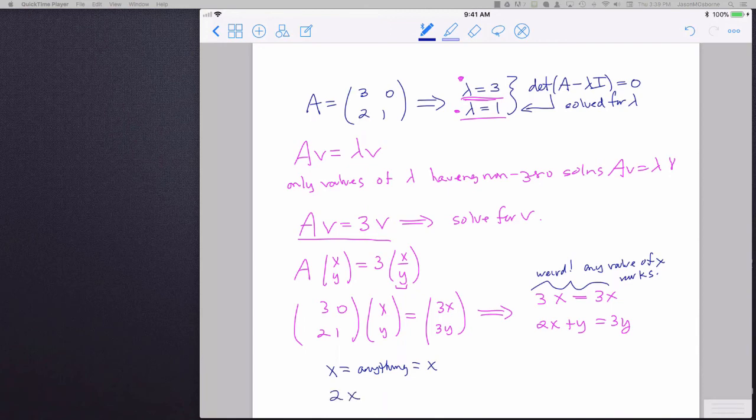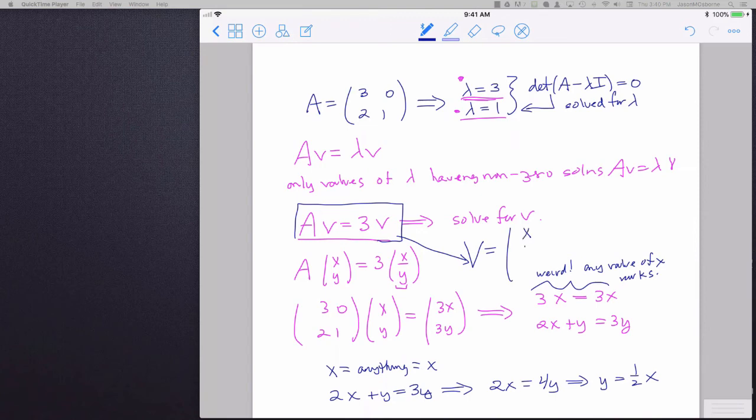That will lead you to 2x plus y equal to 3y. It turns out then that 2x will equal 4y, which implies that y is equal to 1/2 of x. Which says that your eigenvector v, the solution to AV equals 3v, has x being anything, and y being 1/2 of that anything.